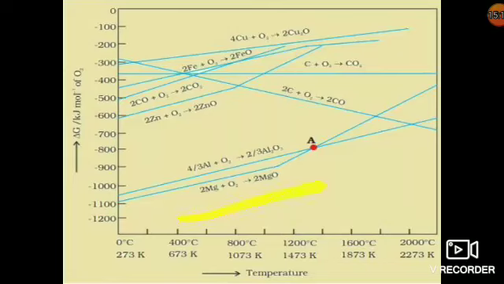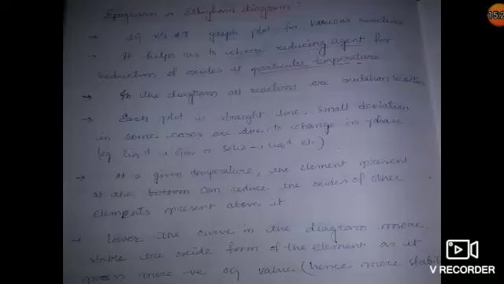And the element that is present at the bottom is highly stable. Why is it highly stable? Here the delta G value is very negative, minus 1100. So minus 1100 means the oxidation reaction is feasible, so their oxides are very stable. This point is also very important.